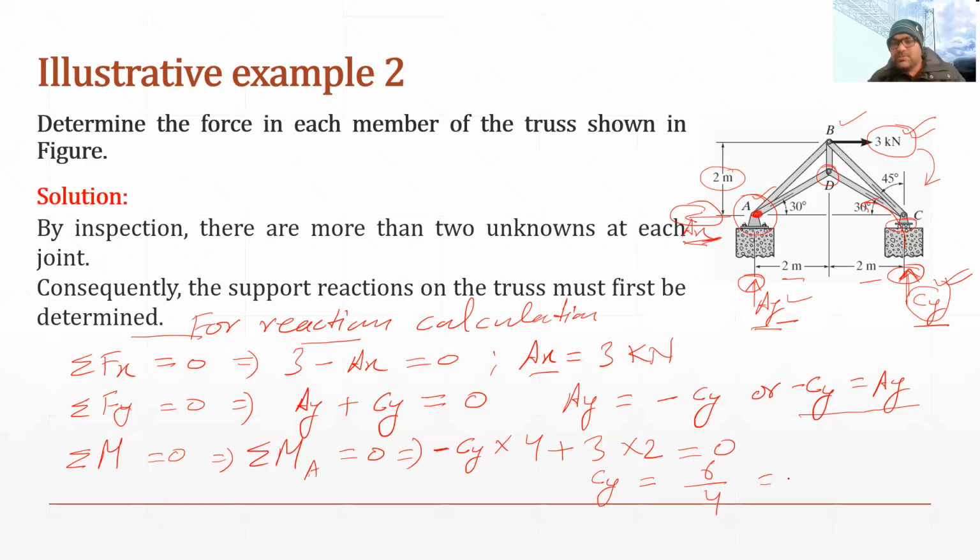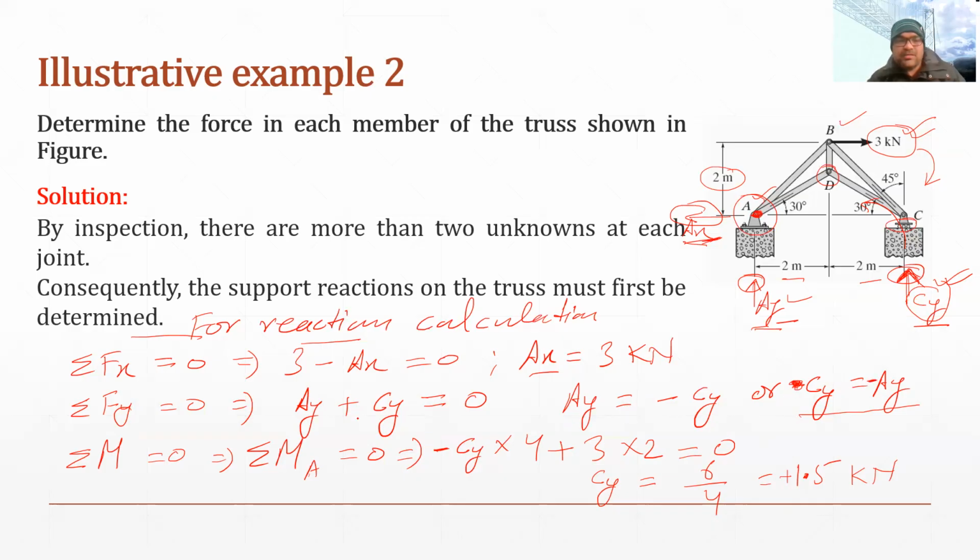So this becomes 1.5. So you can see the value of Cy is positive, which means the direction that we have assumed, that it will be upward, it is correct. Sorry, I have written here wrong, Cy as negative, yes.